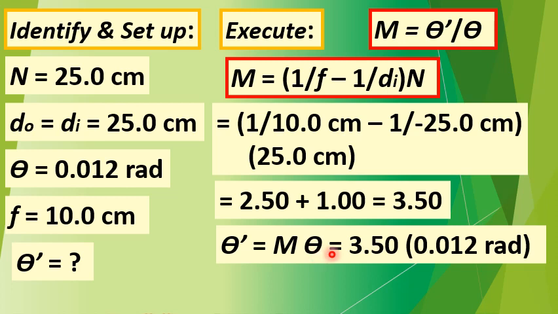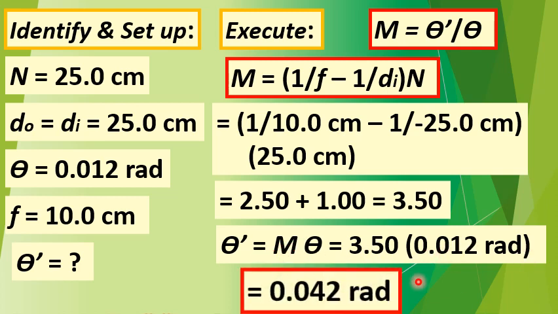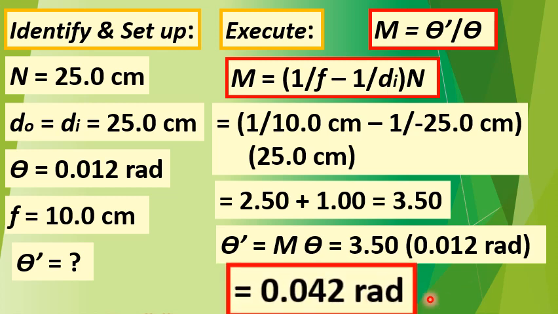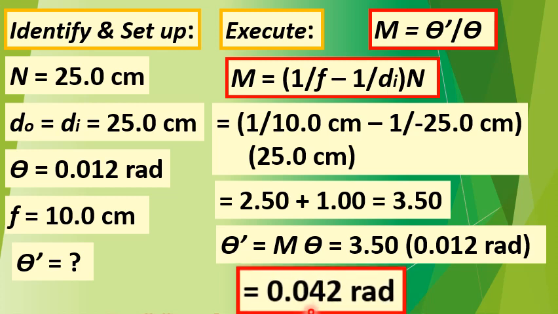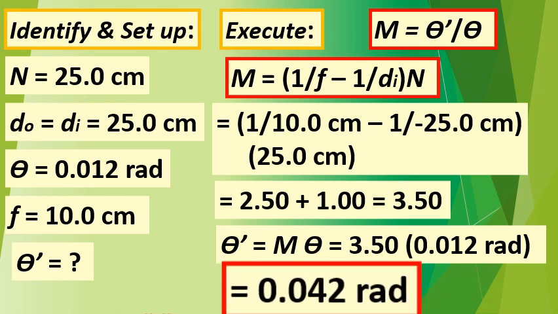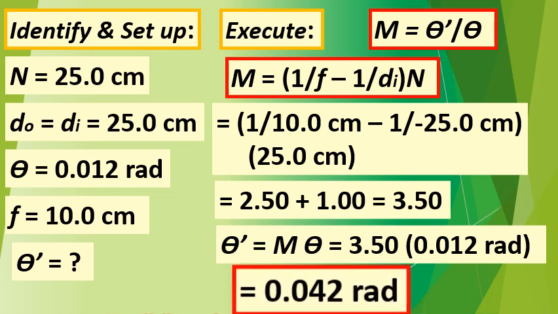So that is 3.50 times 0.012 radian. That means the value of theta prime is equal to 0.042 radian in two significant figures.